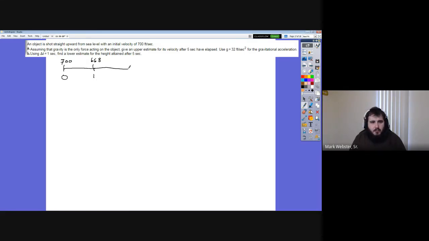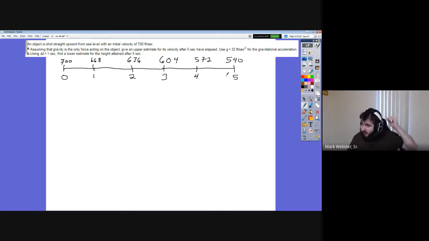Well, what about at 2 seconds? We're going down another 32 feet per second. What about at 3 seconds? Well, we're going down another 32 feet per second. What about at second 4? It's the same thing. We're just going down 32 each time. 1, 2, 3, 4, 5 seconds have elapsed.